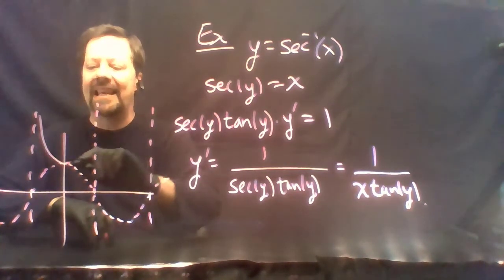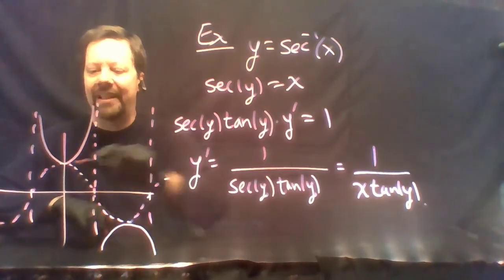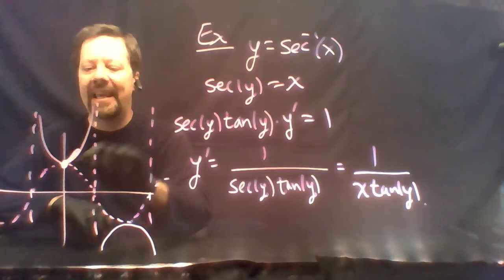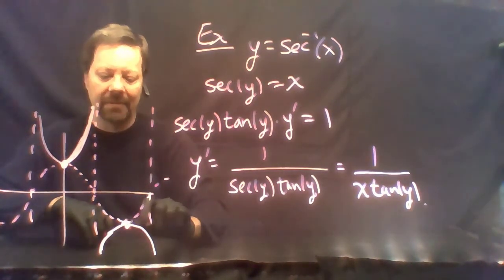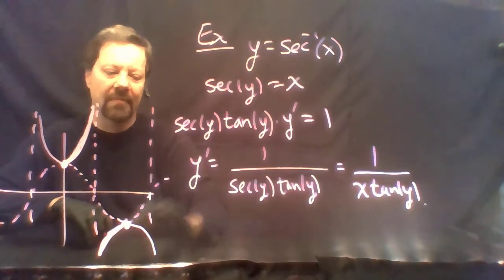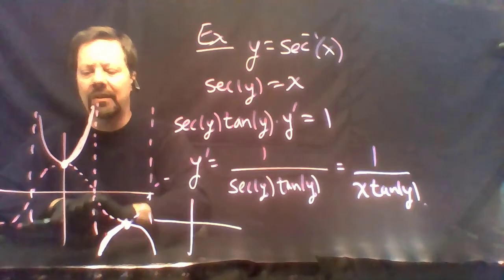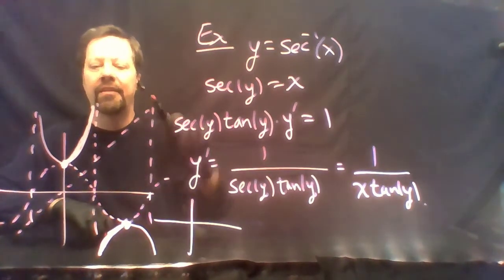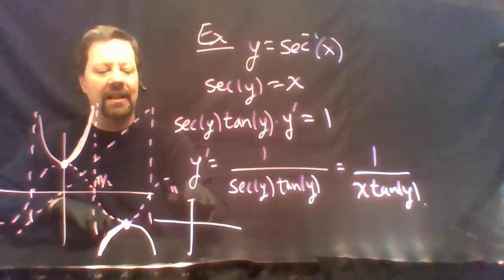The secant function looks like this. In order to have an inverse, we need to restrict the domain to a region where it is 1-to-1. The inverse secant, then, will look like the reflection through the line y equals x. We'll have a horizontal asymptote at pi over 2.